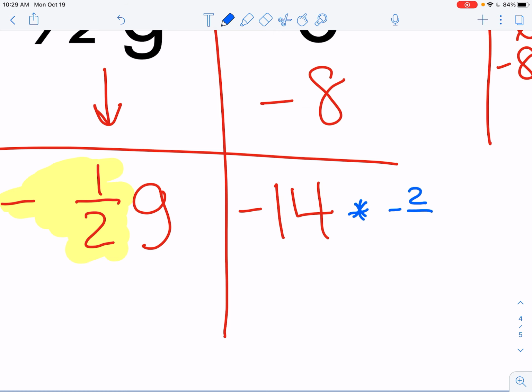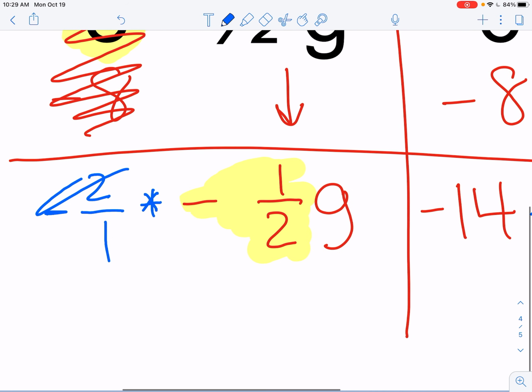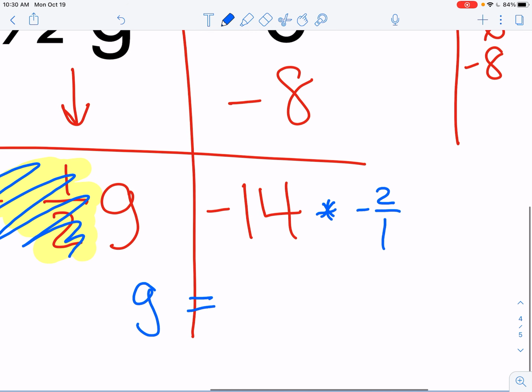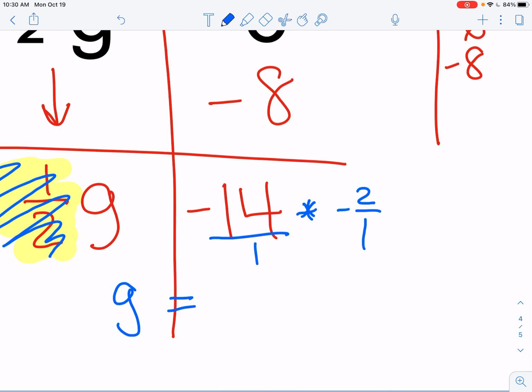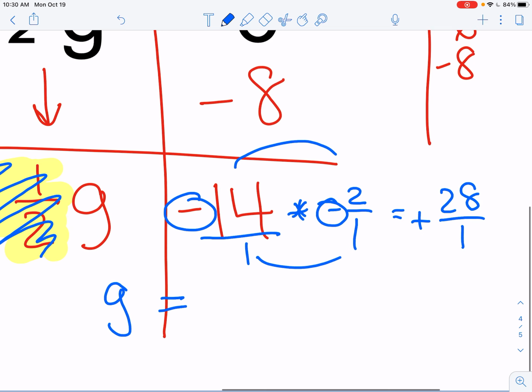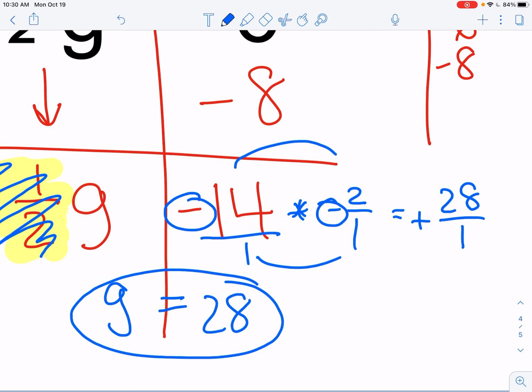And then I'm going to do the same thing over here, and then we can cross this out, and that would be negative 14 over 1 times negative 2 over 1. Remember, you're just multiplying numerator by numerator, denominator by denominator, and that gives you 28 over 1. Negative times a negative gives you a positive, so we know that it's just a positive 28.